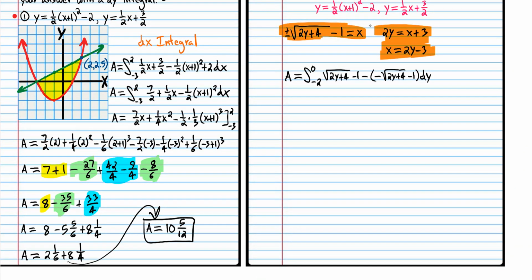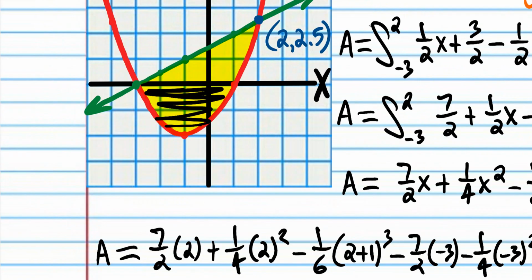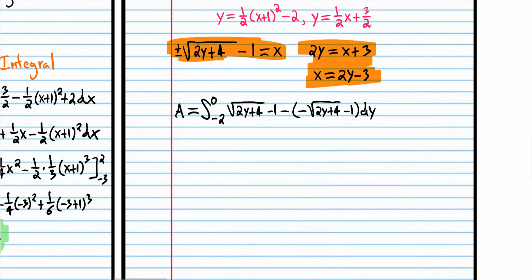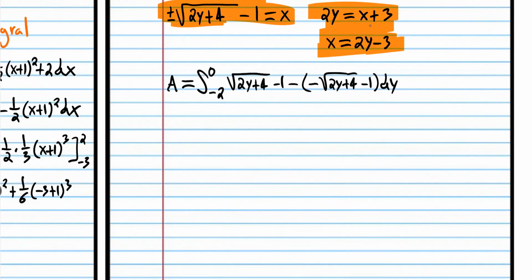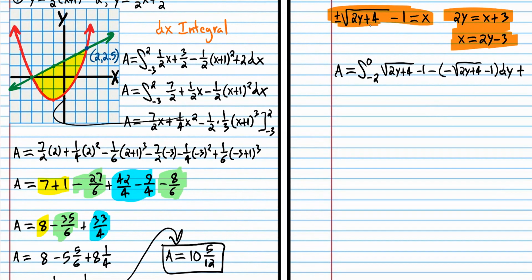I know that's kind of weird, but we're using the same graph on this part of the curve. Okay, but that's just the first part of the area. That's just from here to here. Now we need another integral to calculate the area from here to here.